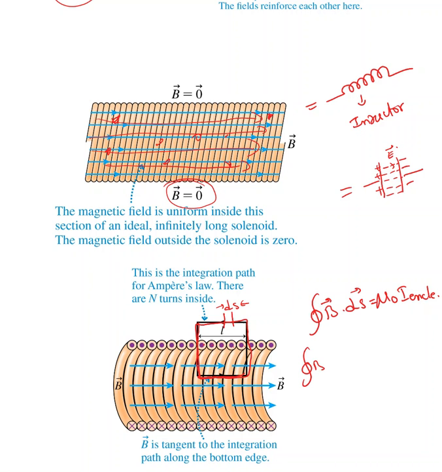So the closed integral of B ds equals mu naught times n times I, where n equals the number of turns or number of loops, and I equals the current in each loop.